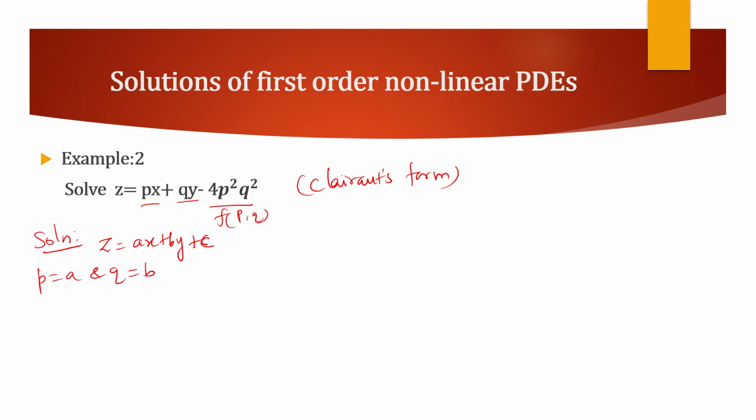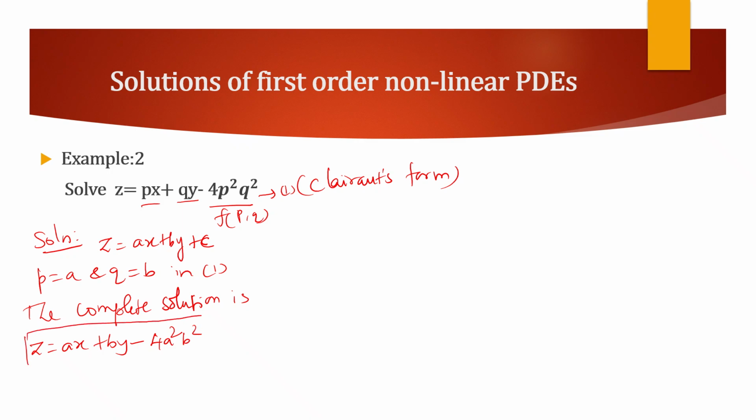So substituting these in our given equation 1, we get our complete solution as z is equal to ax plus by minus 4 into a square into b square. So for the second type of nonlinear PDE, the complete solution is easily obtained just by replacing p as a and q as b in the given equation.